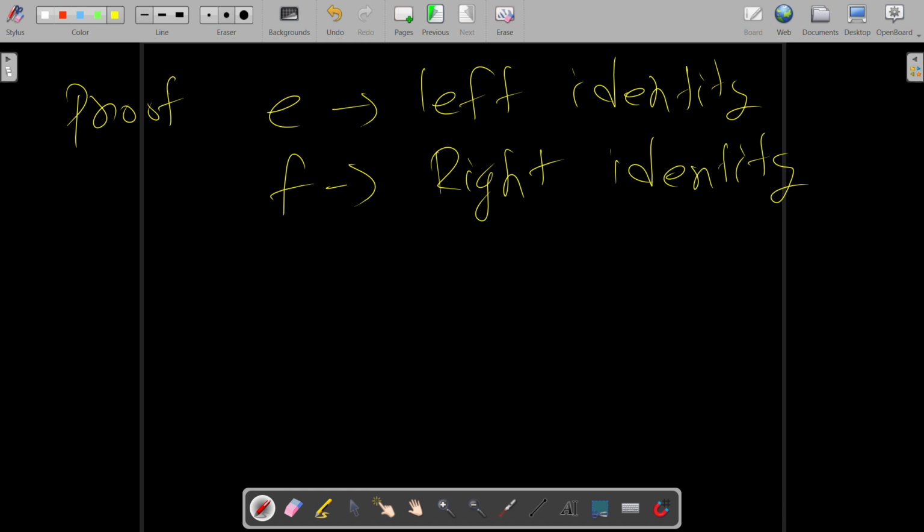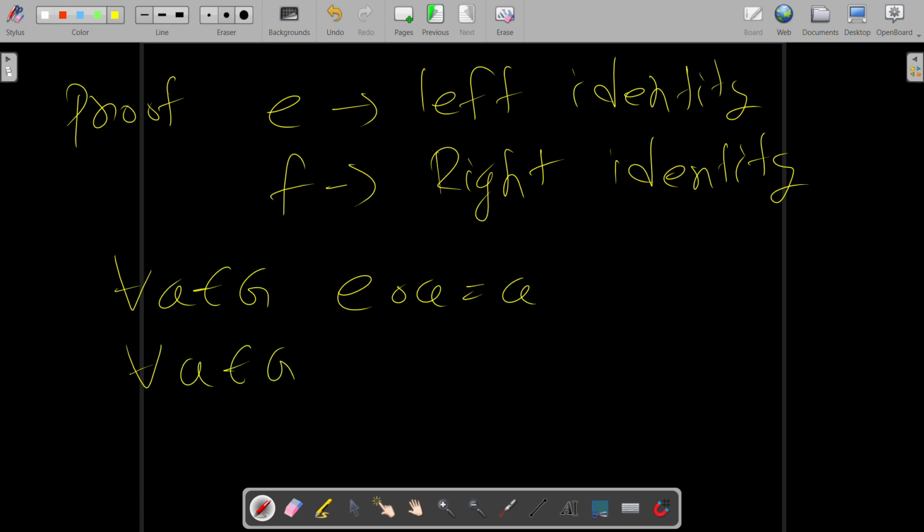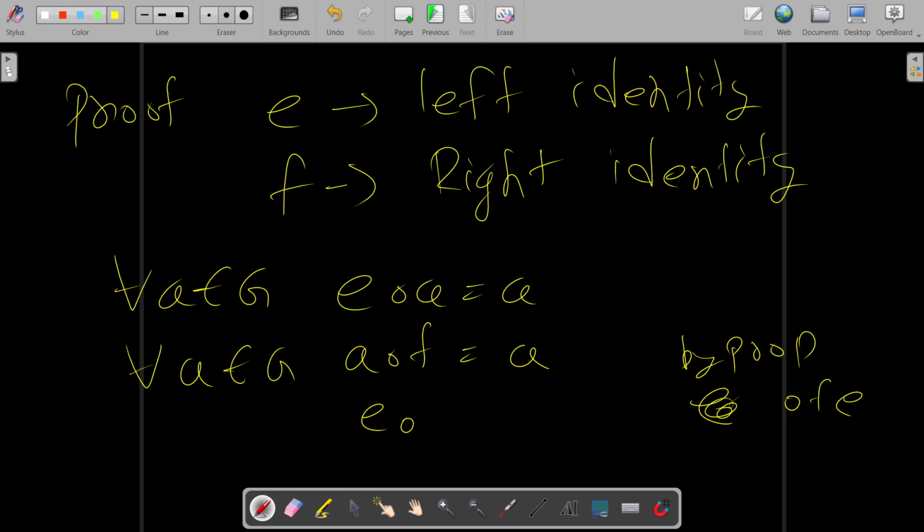From the property of E, for all A belonging to G, E not A is equal to A, and from the property of F, for all A belonging to G, A not F is equal to A. Now by the property of E, E not F is equal to F, obviously, because E is the left identity.